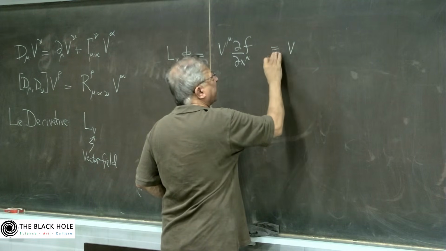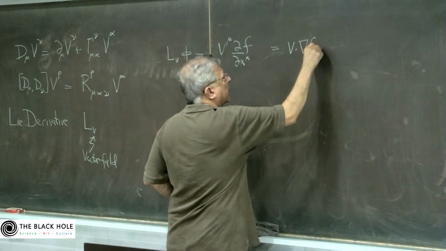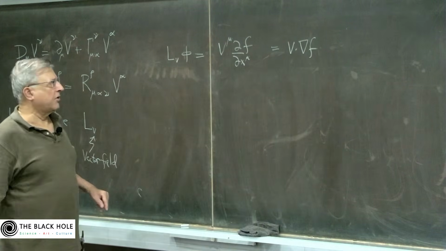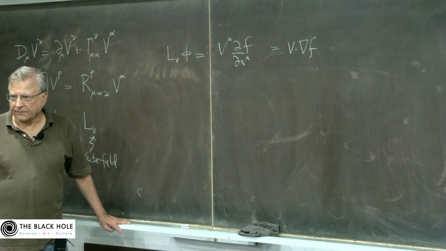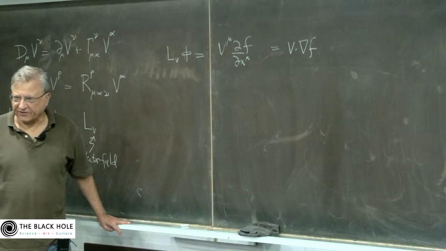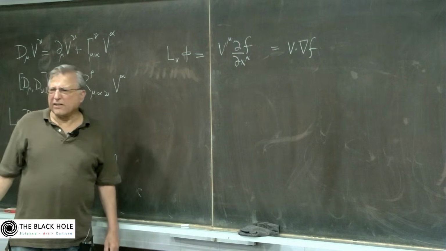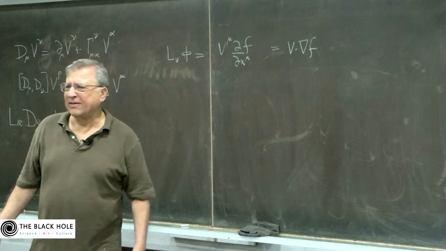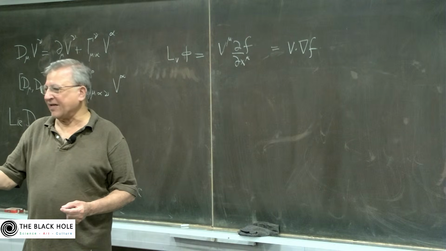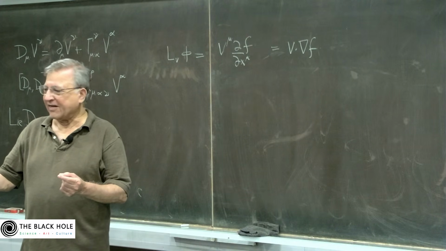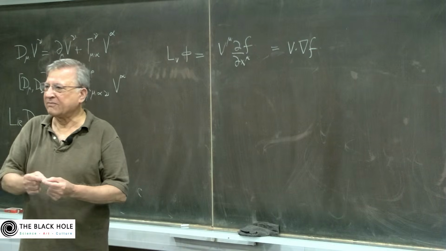I mean, that's one way of writing this, V dot grad F. It's the directional derivative, exactly. But a scalar is very easy, because all you do is you look at the value of the scalar here, the value of the scalar here, and you take their difference, no problem.